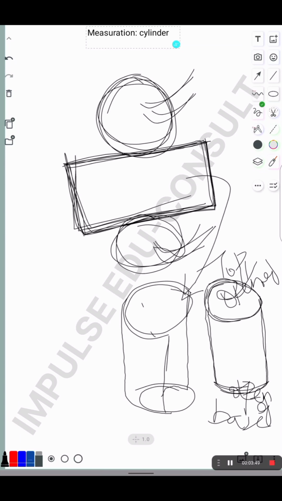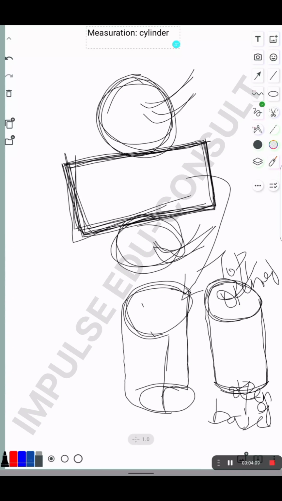Are you with me now? So for me to get the area of the curved surface of this cylinder, this is the curve of this cylinder, drawn like this. That's the curved surface.